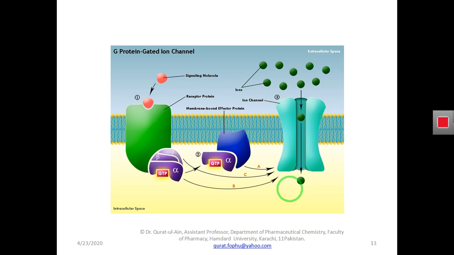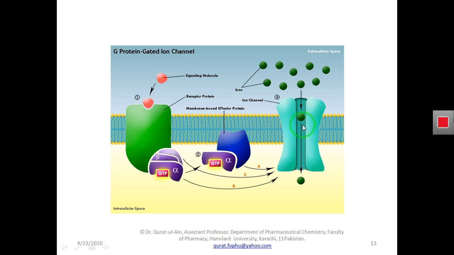So the other work of this G protein coupled receptor is this: when the G protein coupled receptor is activated after binding the ligand, what happens? They activate the alpha subunit of the G protein. This alpha subunit goes to the nearby channel, and this alpha subunit of the G protein enables this channel to open.